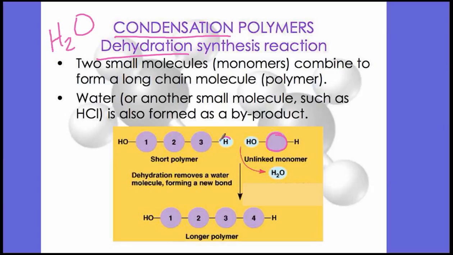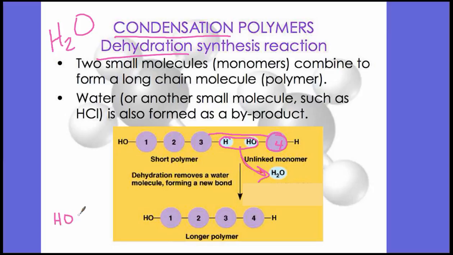So here is an H from this guy and an OH from this guy. What's HHO? Water, H2O. The water goes away, and this new bond can form between this polymer here, 1, 2, 3 pieces. Now I have 4. Say I want to add another one.